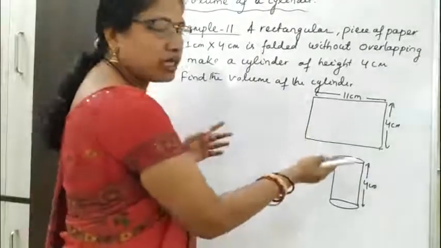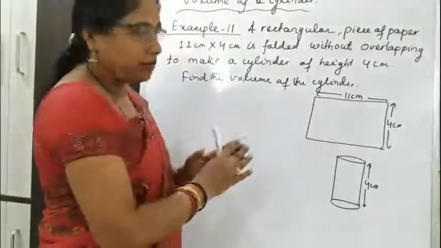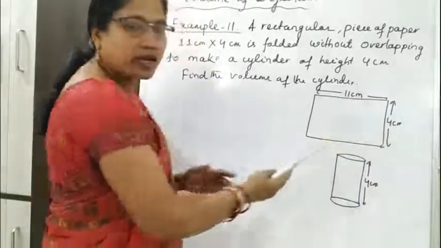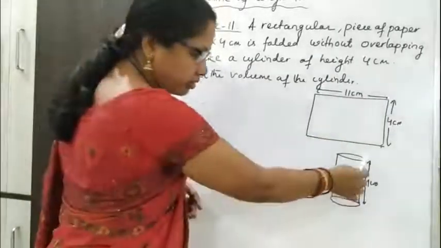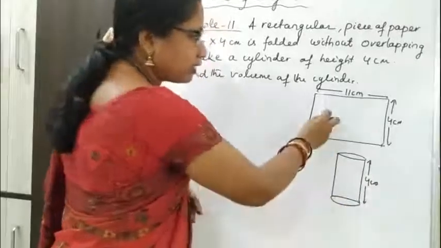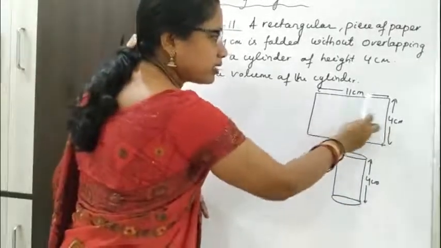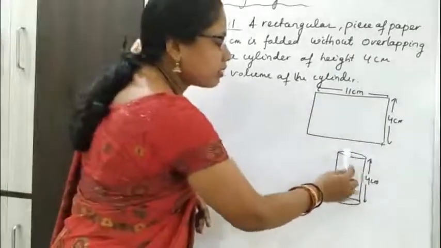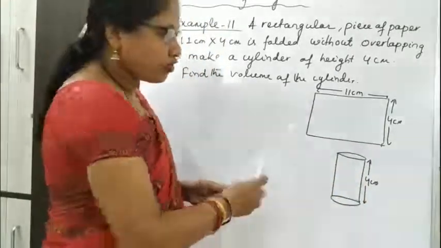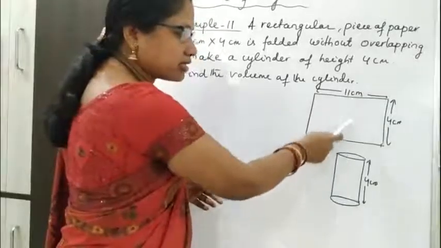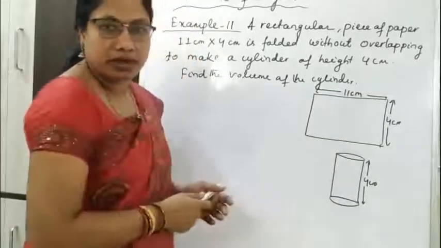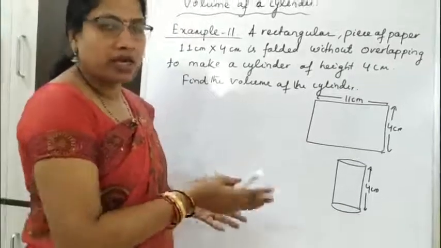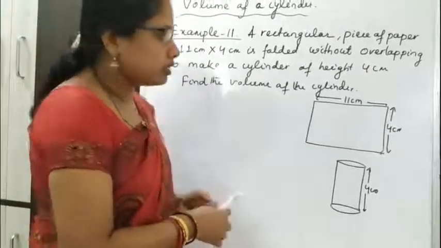This paper is rolled without overlapping about its width, so that the cylinder formed has height 4 centimeter and this length 11 centimeter of the sheet becomes the circumference of the base. So using this circumference as 11 centimeter, first we have to find the radius of the base. Then we can find the volume of the cylinder.